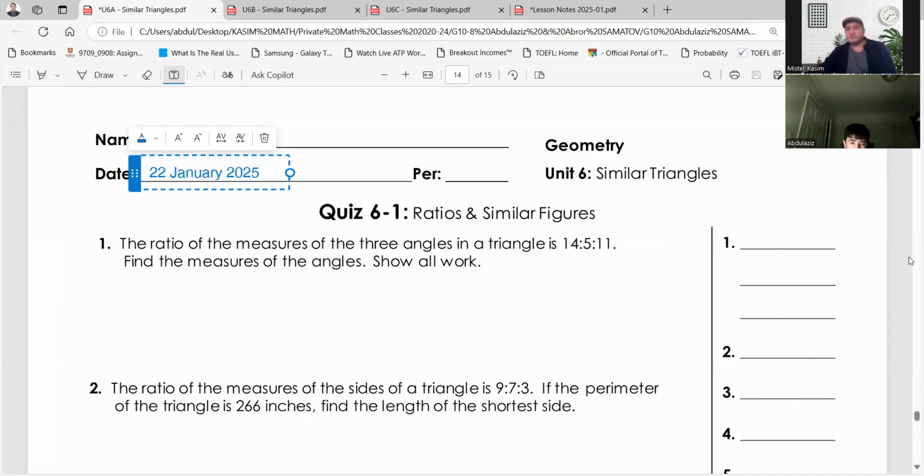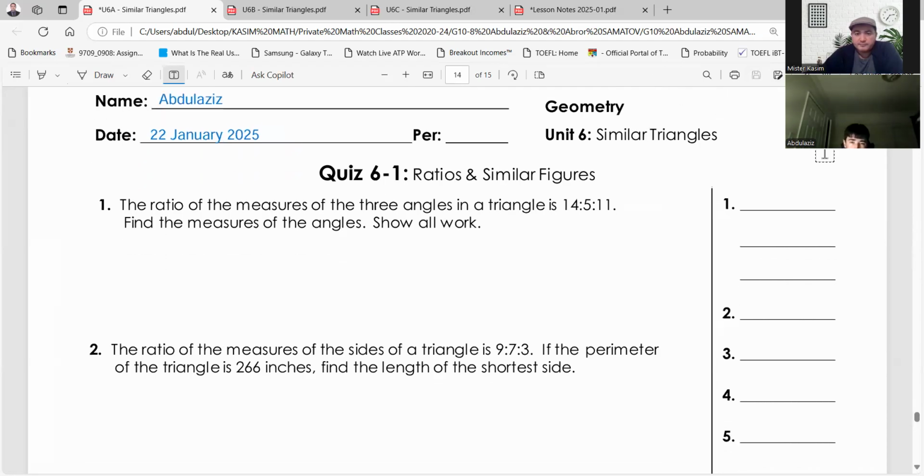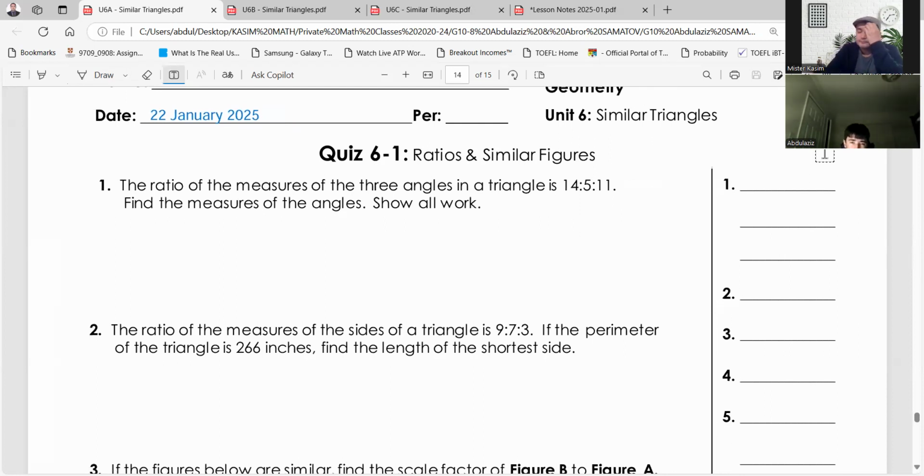Now let's do the revision. Okay, revision of what we have learned so far. Abdullah, when we say that two figures are similar to each other, two figures are similar if their corresponding angles are congruent and their corresponding sides are proportional.